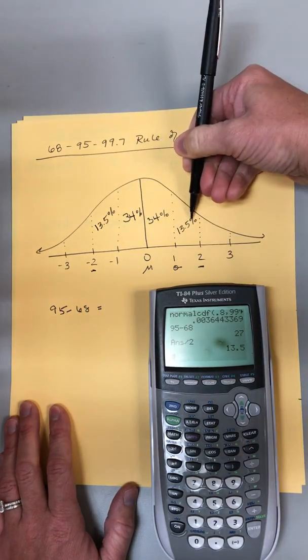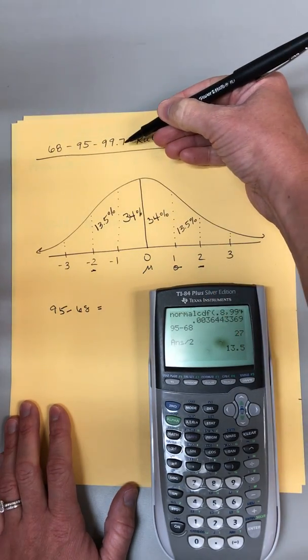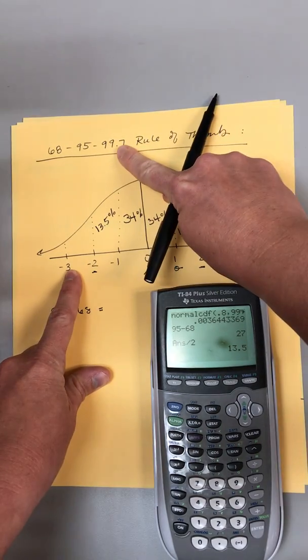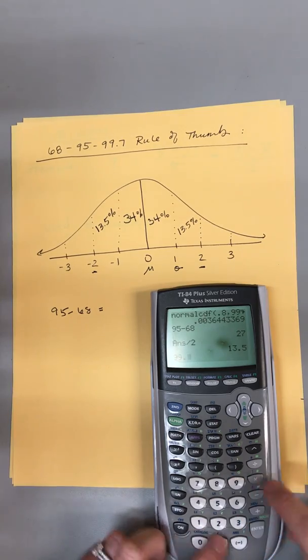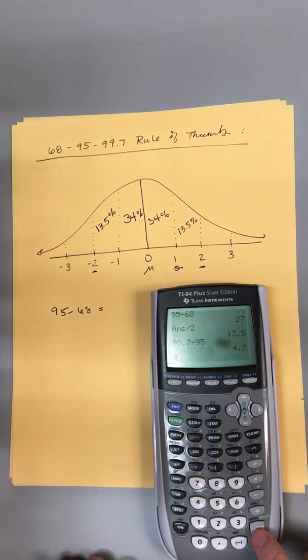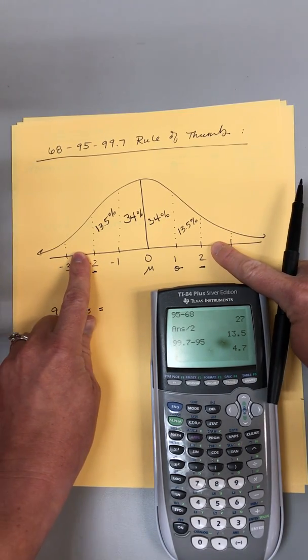Now these 4 sections total 95, and for 3 deviations away, so negative 3 to positive 3, will contain 99.7. So I'll take my calculator, 99.7, subtract the 95 that I've already used here. That means 4.7% of the data lies in here.